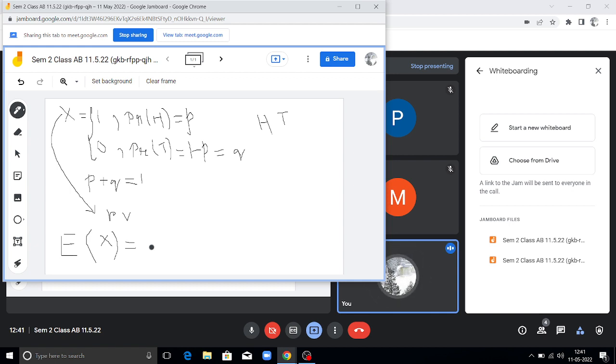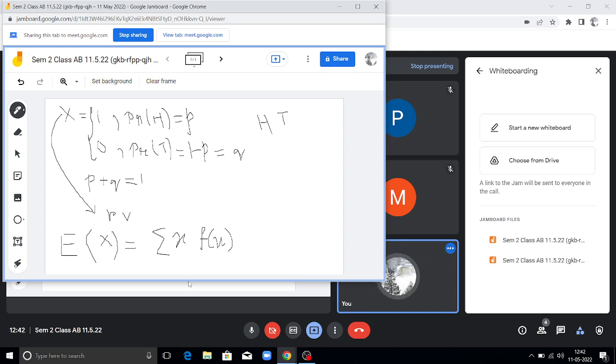So expectation of X, it is the average of the random variable X. For a discrete random variable, it is given by summation x into f(x). Ma'am, small x mass point. Yes, very good. That is the probability mass function.